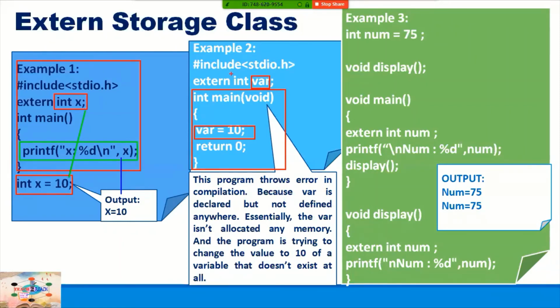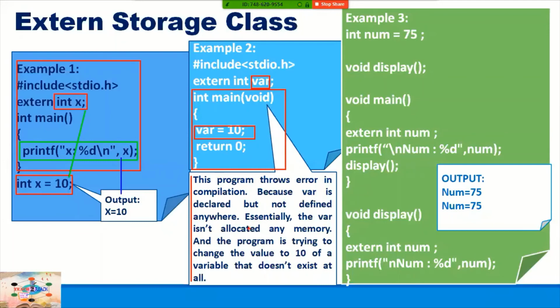If we compile this program, the compiler takes responsibility and flags an error. The program throws an error in compilation because the variable var is declared but not defined after the main function. Why? Because var is not an ordinary variable, it is an external type of variable.